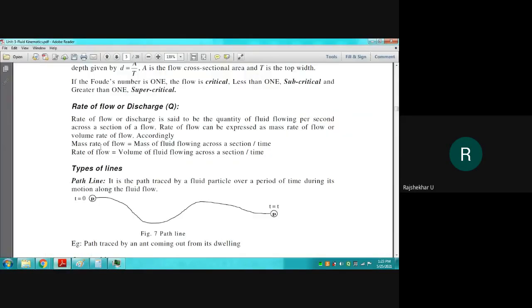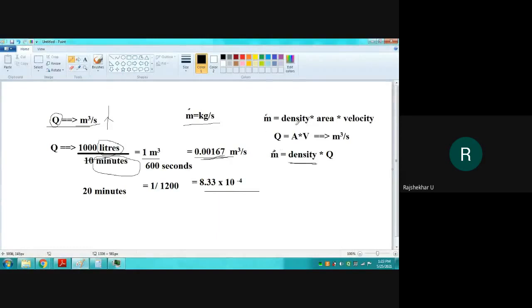So here you can see mass rate of flow is equal to mass of fluid flowing across a section per time. And rate of flow is equal to volume of fluid flowing across a section per time. It is very important. The equations are not given here, but that is why I have written the equations.